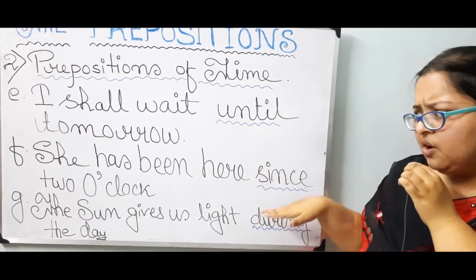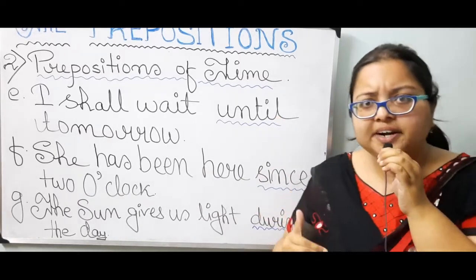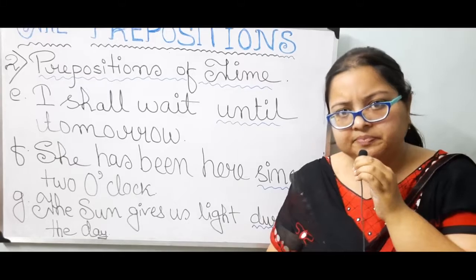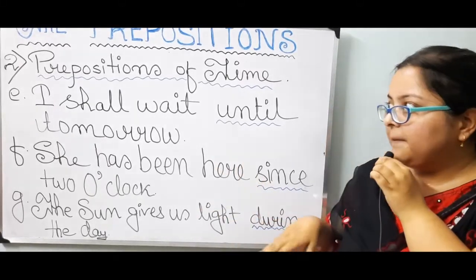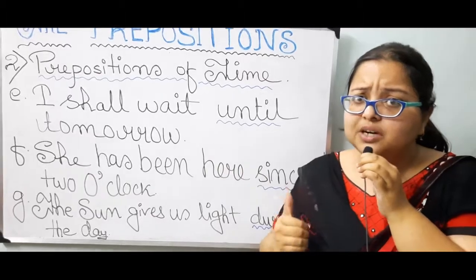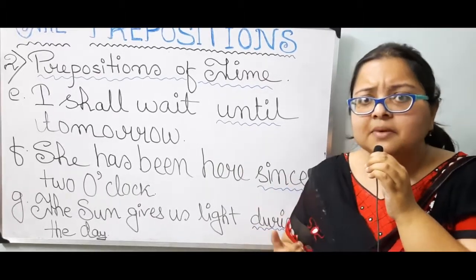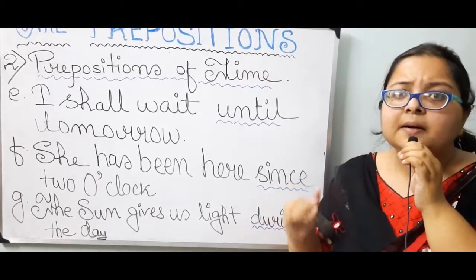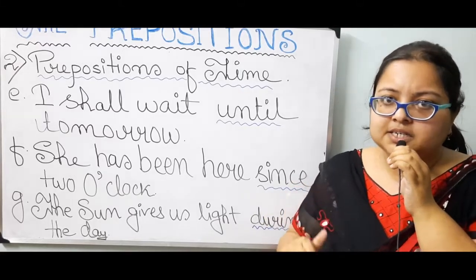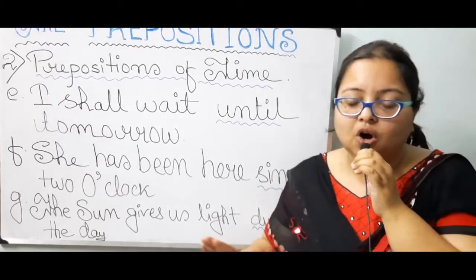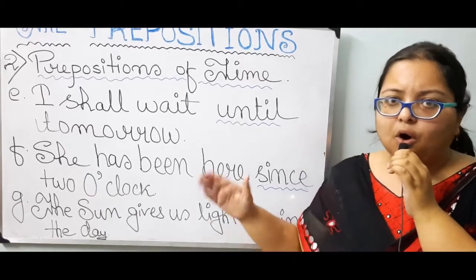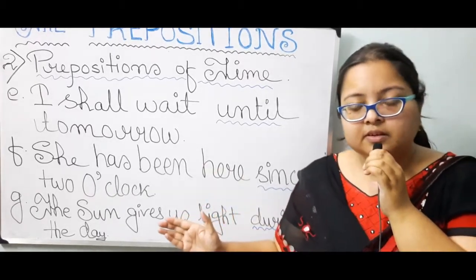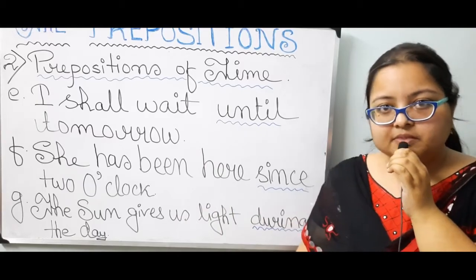"During" also is used for indicating something specific. Understood? So all these prepositions are basically used when you are sure about a time or a specific moment or period of time. But in case of "for," it is not so. Now students, there are many other words also in this case. You have to go in detail from your book.